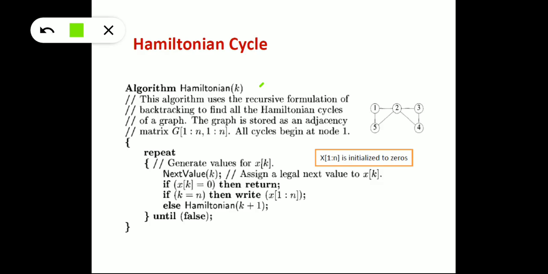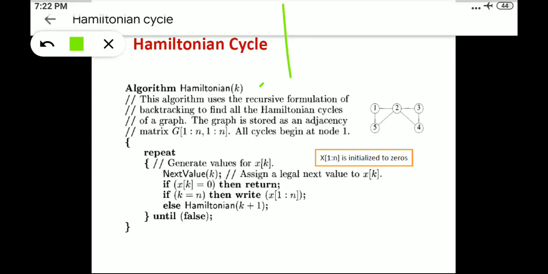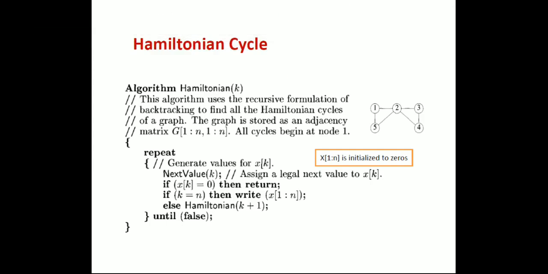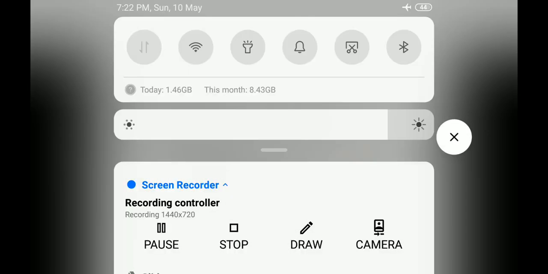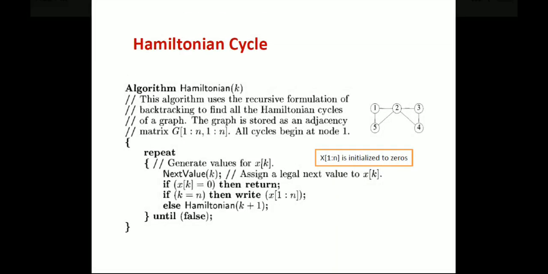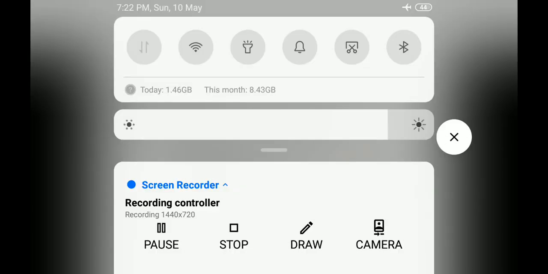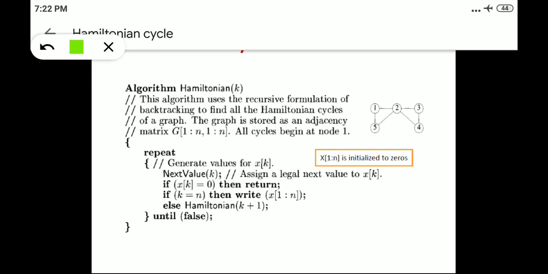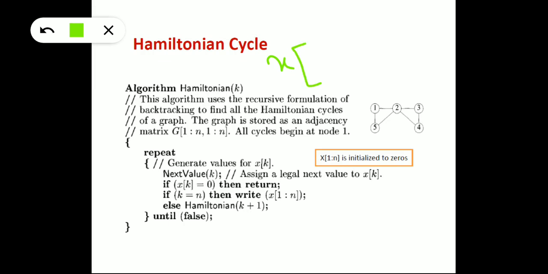So we'll have to first fill in or form the adjacency matrix. This problem is started by first initializing the adjacency matrix and then setting the solution vector x from position 2 to n to zeros.